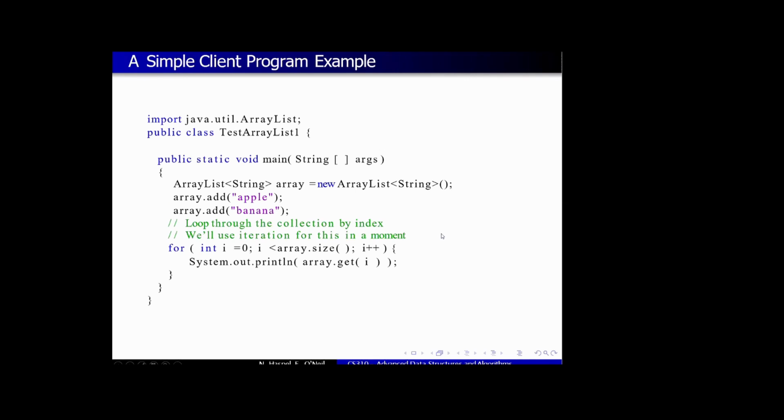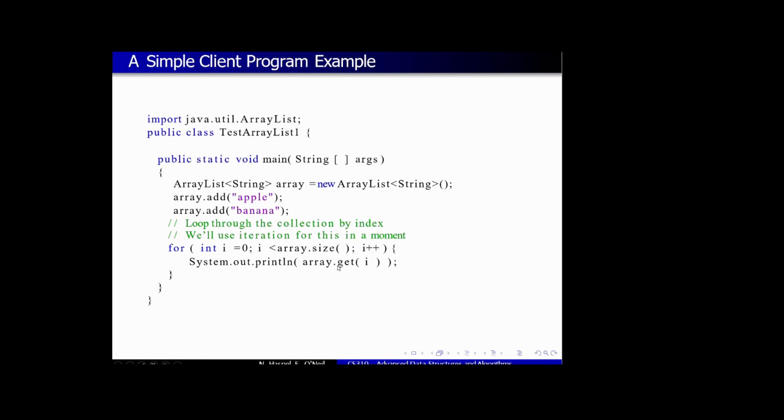Okay, so here's just a quick example of using an array list. It's maybe the simplest one to use, and the simplest kind of element to use is a string, because it's very nicely implemented by the Java system. So we have a new array list of string, and we throw a couple of pieces of fruit in there, an apple and a banana.